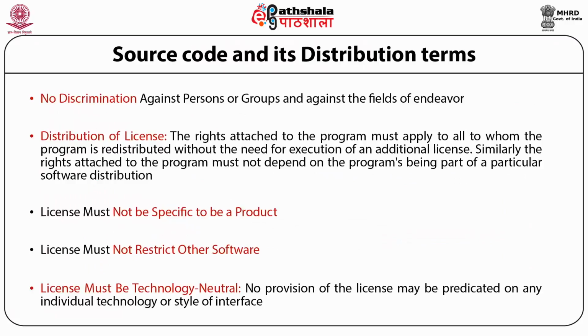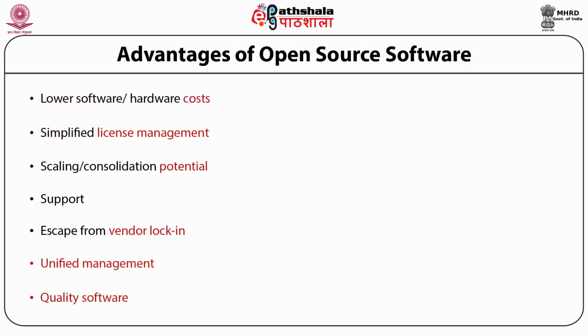I have put something which I discussed here: no discrimination, distribution of the license, and not specific to any product, must not be restricted. All these are some of the distribution terms when open source software is distributed to users. Now, advantages in a nutshell: you save money because of lower software cost, and the same software can be used for all similar hardware.